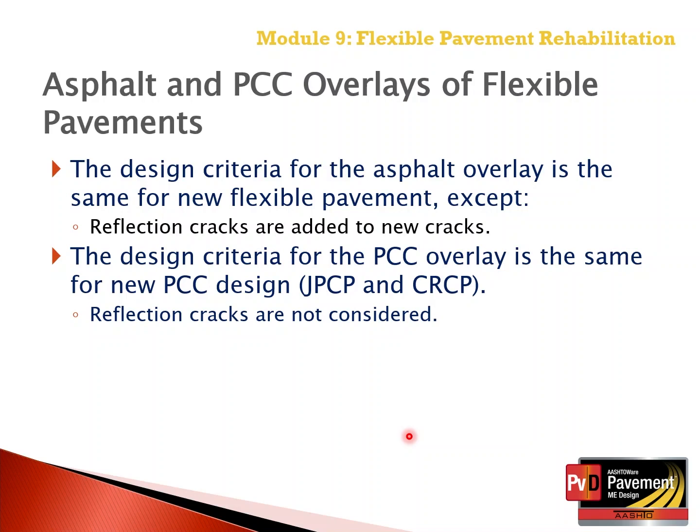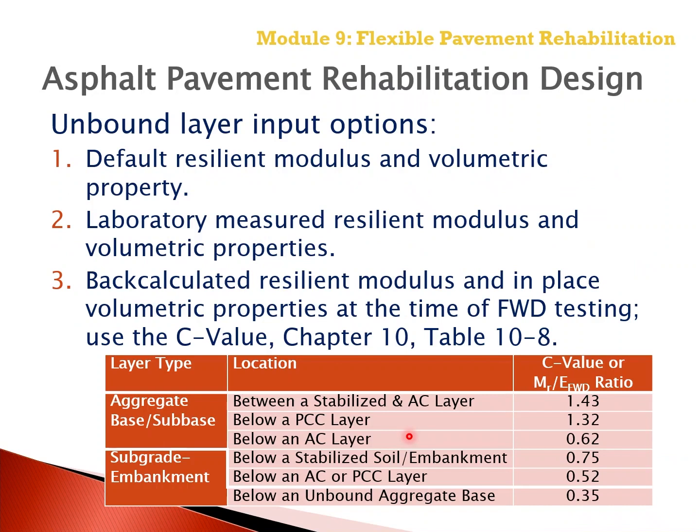The design criteria for the concrete overlay is the same as for new concrete design, either the JPCP or CRCP. Reflection cracks are not considered in the concrete overlay designs. The unbound layer inputs, the default resilient modulus and volumetric property should represent the condition at the time of testing.